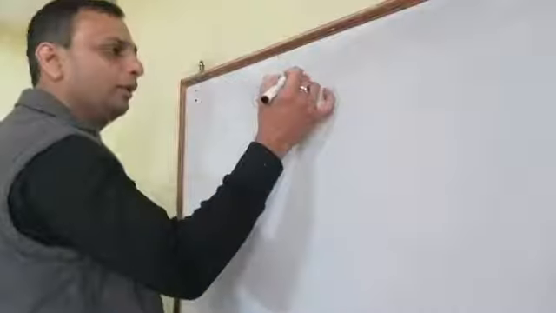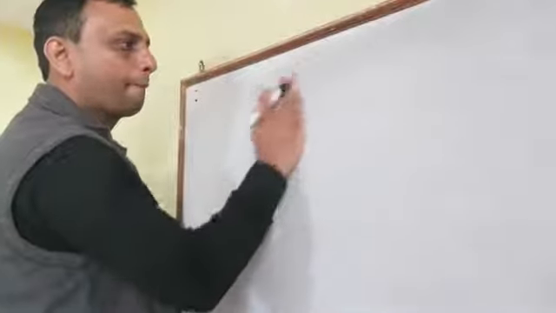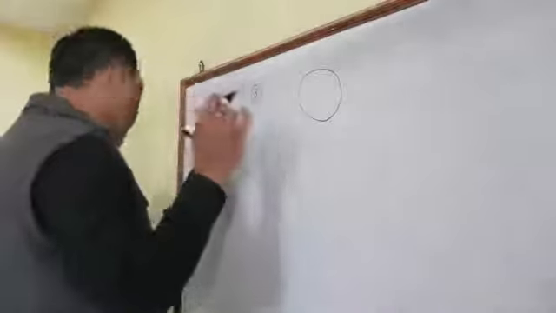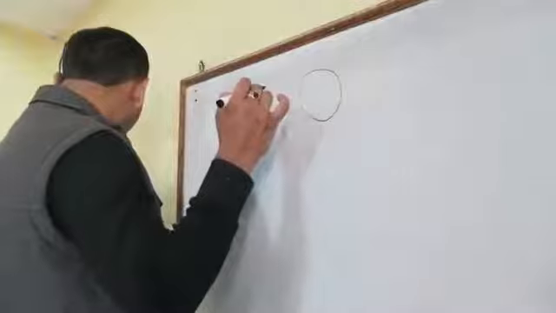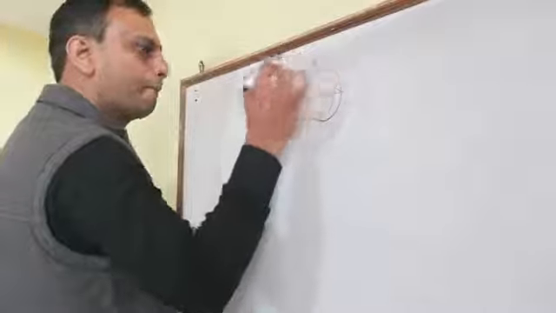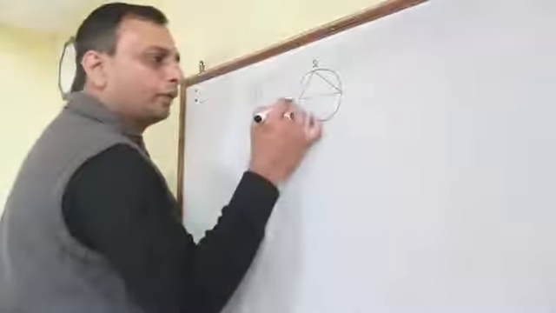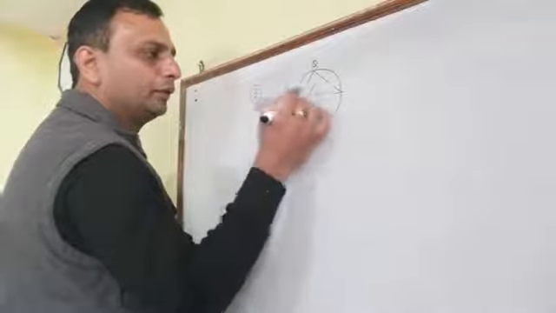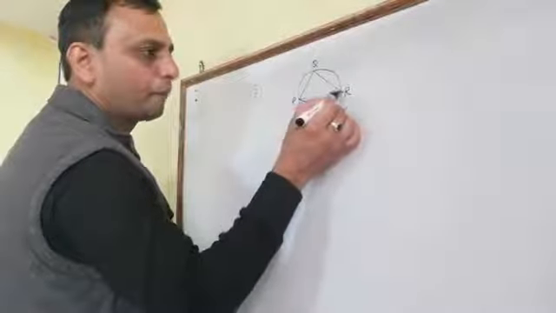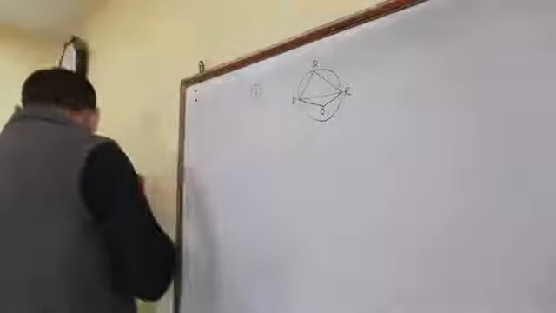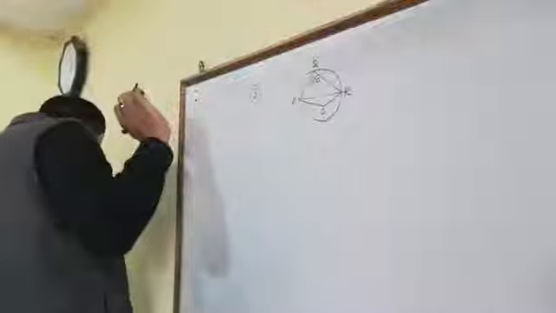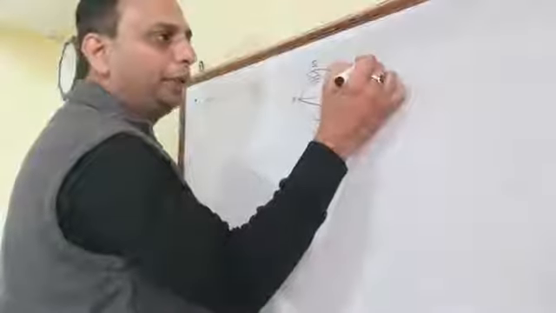So this is the figure: Q, P, and this is R, O, and this is the 100 degrees. And to find angle OPR, we have to find the value of OPR.